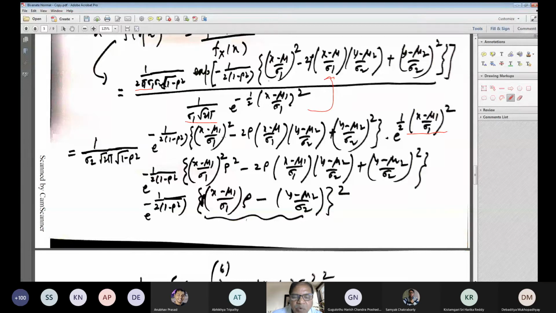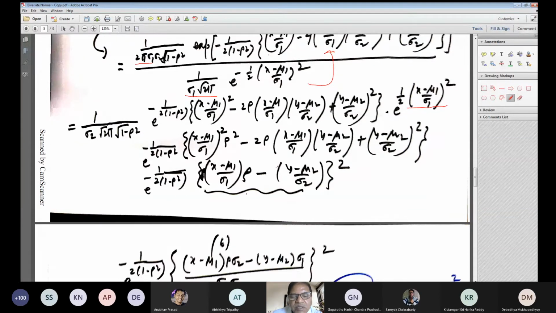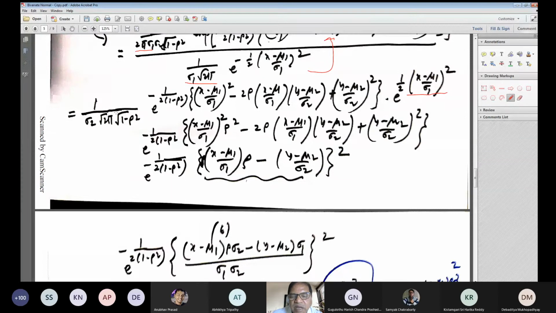So x minus mu1 by sigma 1 whole square rho square minus 2 rho x minus mu1 y minus mu2 plus y minus mu2 by sigma 2 whole square. So again, as you can see, this inside bracket we can represent in terms of a perfect square: x minus mu1 by sigma 1 into rho minus y minus mu2 by sigma 2, whole square.